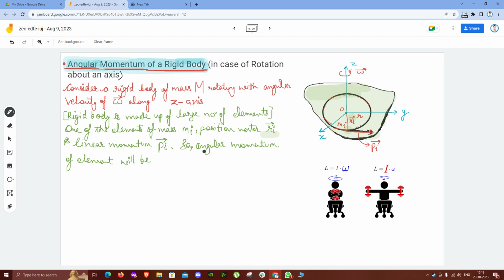So angular momentum will be how much? Angular momentum li vector, or let's keep it small l. Li vector will be, as you know, the cross product of the position vector ri with the linear momentum pi.